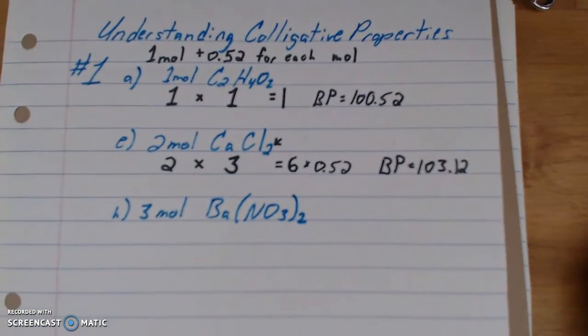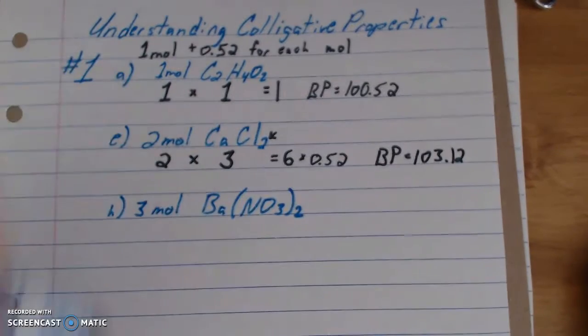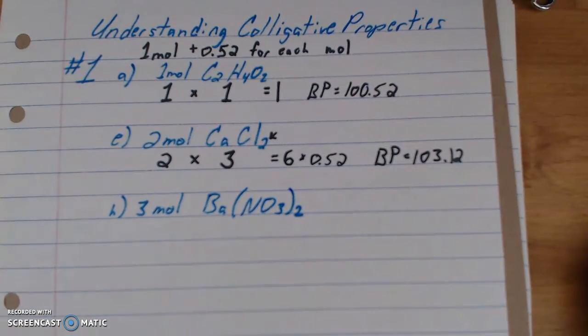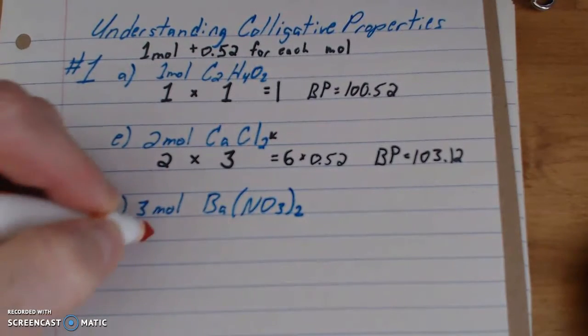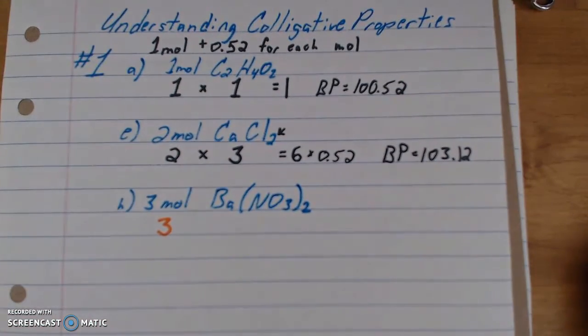Now this one, number H, is one that throws people for a loop. It all works basically the same, right? We have 3 moles of barium nitrate, so there are 3 of them. How many particles does barium nitrate make when we dissolve it in water?